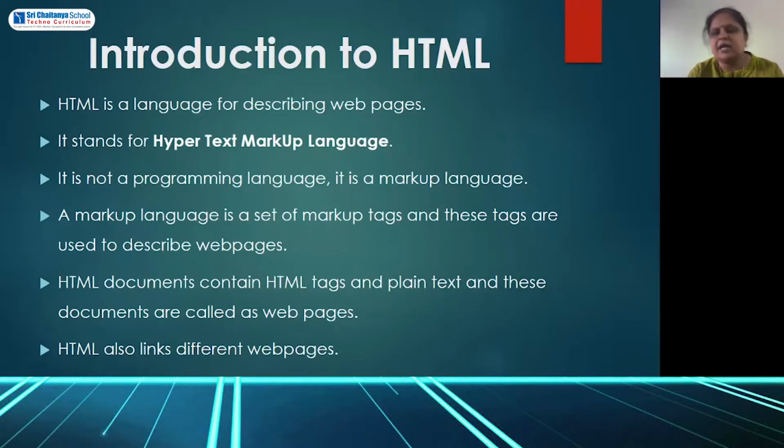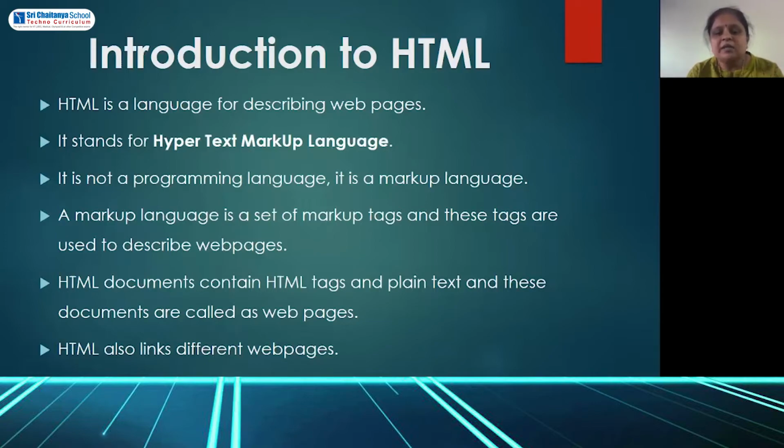An HTML document contains HTML tags and plain text, and these documents are called web pages. You have already learned what the internet is, what a website is, and what web pages are, right?